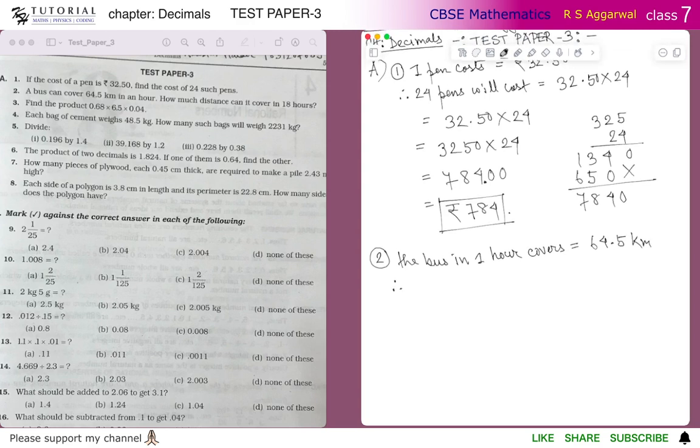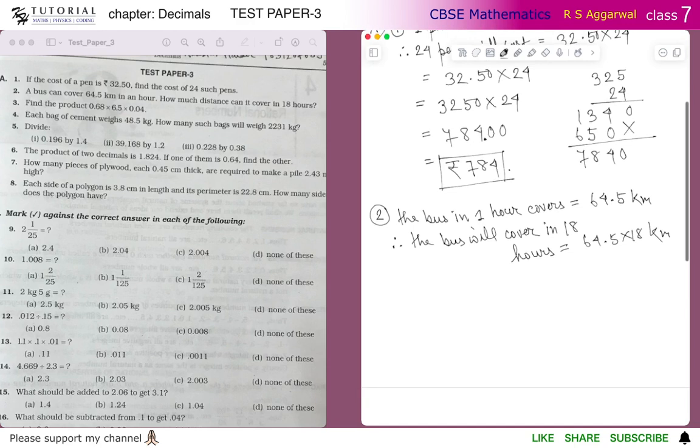Therefore, the bus will cover in 18 hours 64.5 multiplied by 18 kilometer.